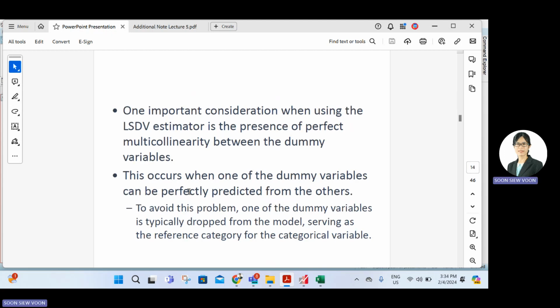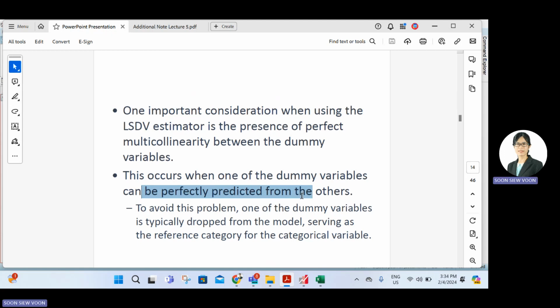So what is the important consideration when you want to estimate this least squares dummy variable estimator? It is the perfect multicollinearity between the dummies. You have to be aware of this perfect multicollinearity, especially between the dummy variables. Why? Because one of the dummy variables can be perfectly predicted from the others, because dummy variables are 0 or 1.